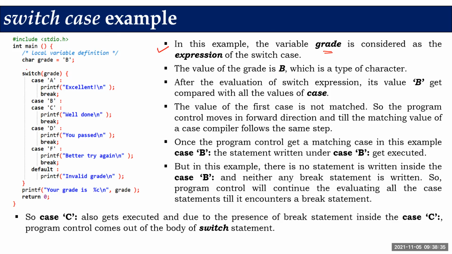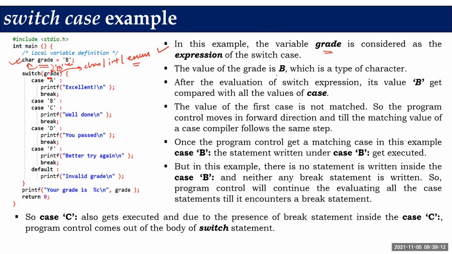Outside of the switch case, I have declared a variable grade, and its type is character. So I'm satisfying the criteria, because this expression type should be either character, integer, or enumerated type. Grade has been declared as character, so I'm satisfying that criteria. What will happen? Its name will be replaced by its value during program execution. So now grade is considered as an expression. What value will it have? It will have this value.